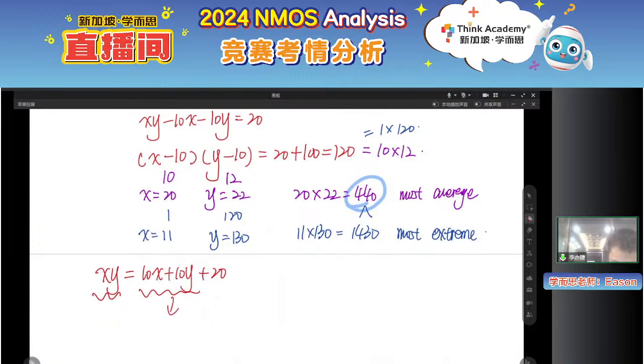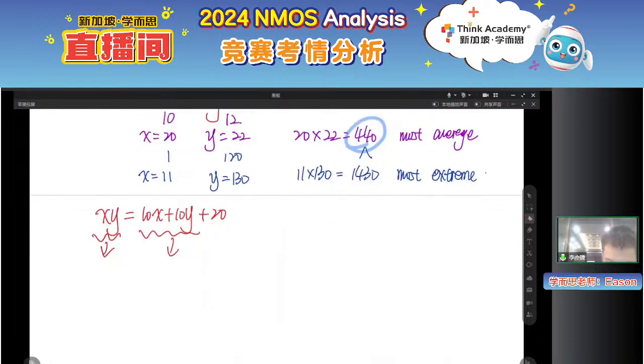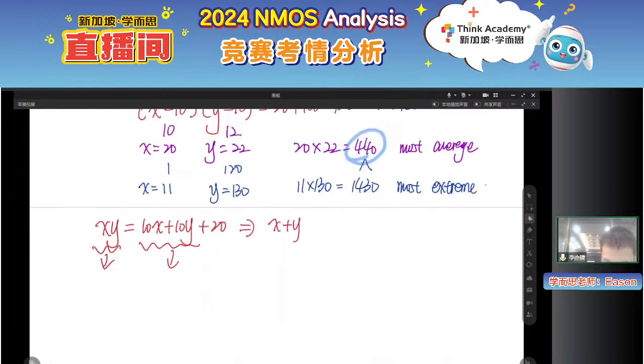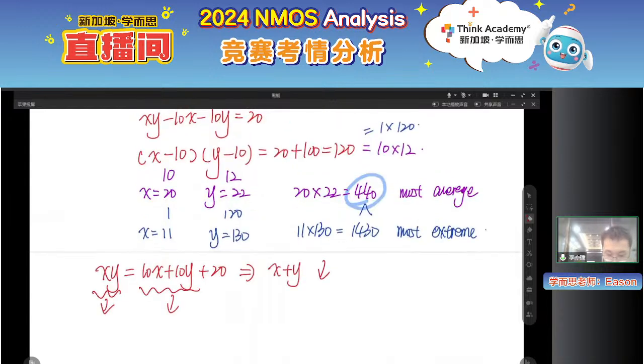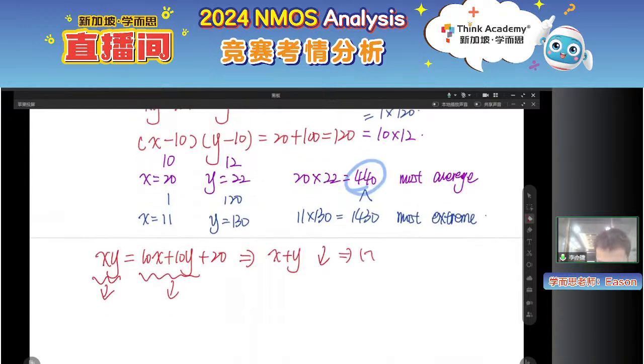And to make 10x and 10y as small as possible, we should make x plus y as small as possible. And then also we should make x minus 10 and y minus 10 as small as possible, because they have a constant product.